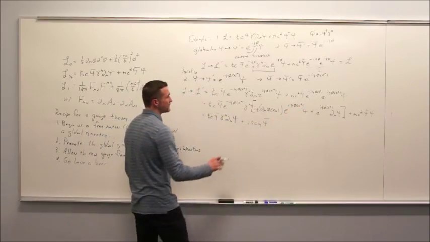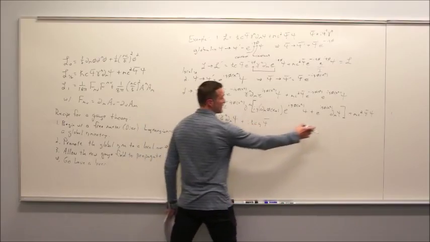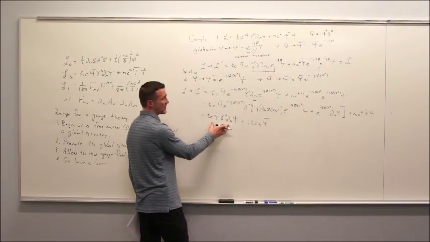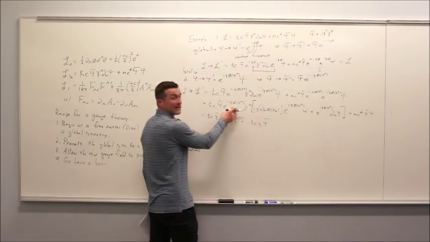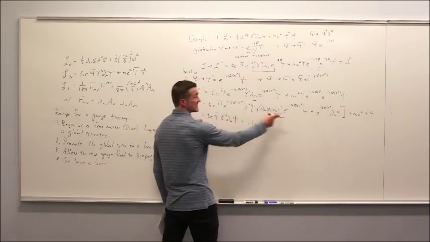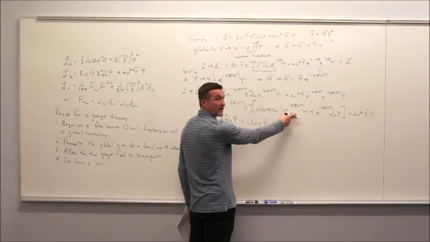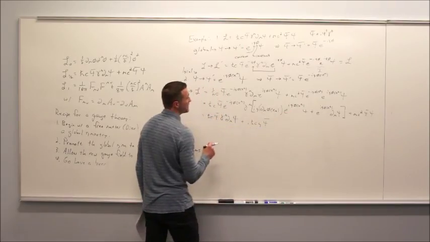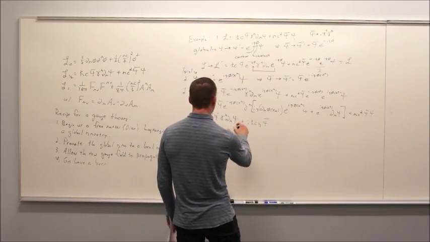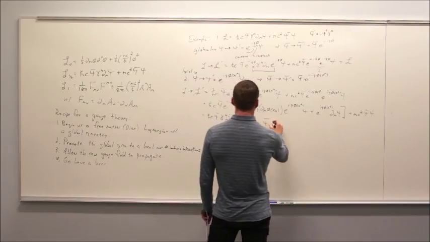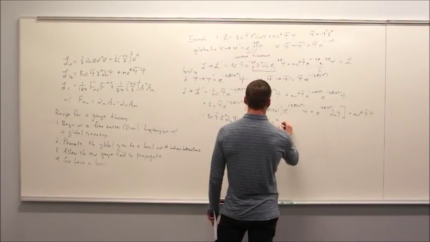So this term just gives me back what I started with. And for this term, this exponential can cancel this exponential, because this is not being differentiated. So the balance of this is going to be iq ψ̄ γ^μ ∂_μ φ(x^μ) ψ.